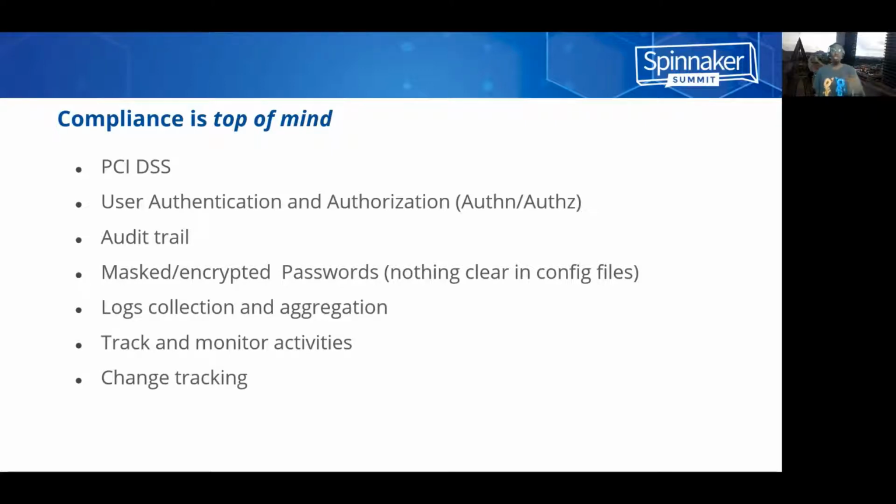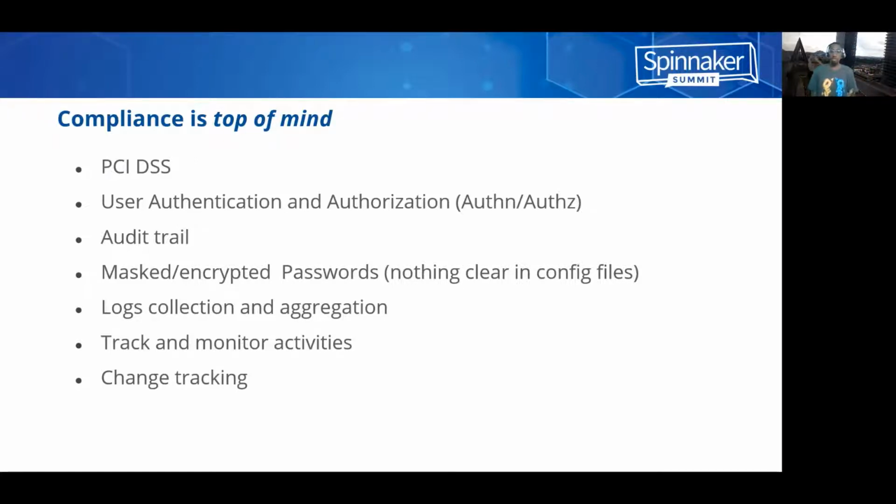Also, there should be authorization and authentication. So we need to build that into the bank's Spinnaker pipeline, Spinnaker deployment, Spinnaker environments. Also, audit trail is something that's very important for a bank. Making sure that our passwords are not in clear text. There's nothing clear in config files in terms of passwords. All passwords are masked or encrypted.